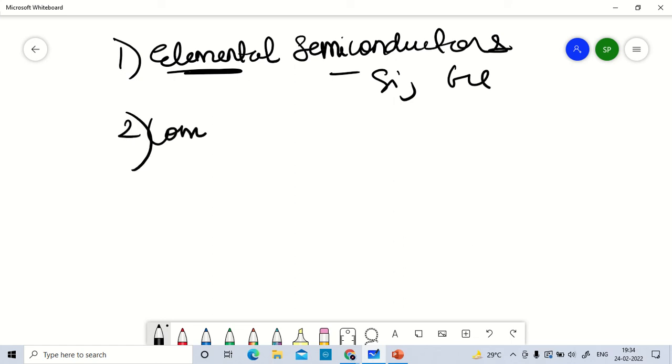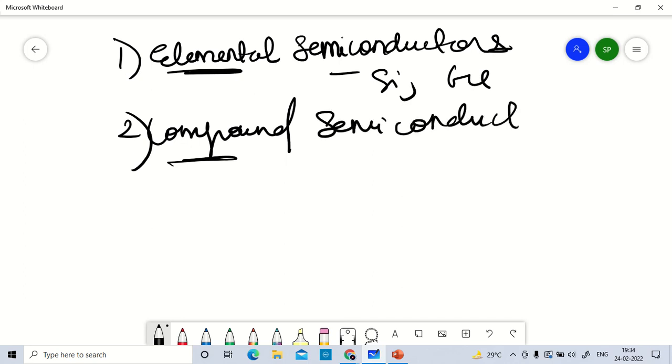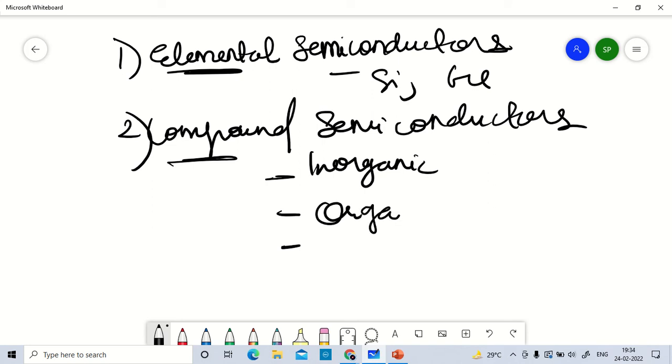Then when I say compound semiconductors, again you can see the word compound. These are pretty self-explanatory actually. If you go through it yourself once, you will understand. So these can be divided into three: inorganic, organic, and organic polymers.